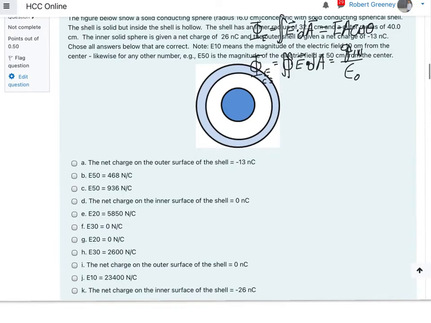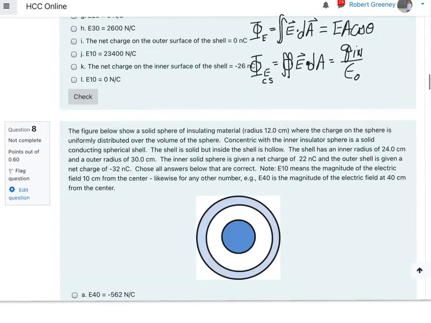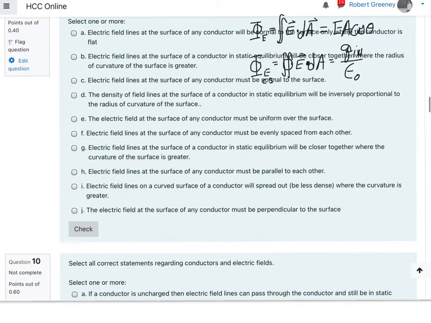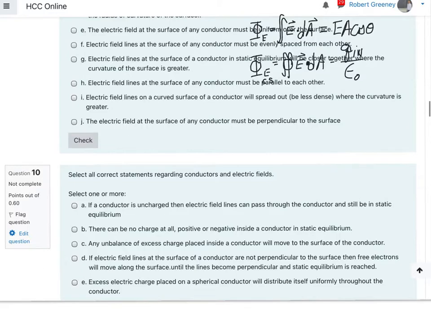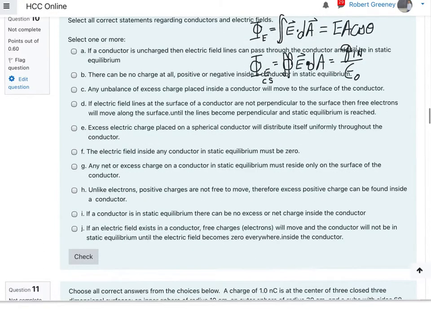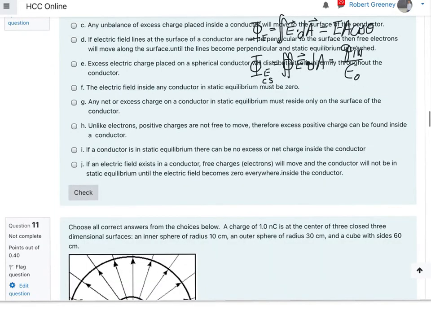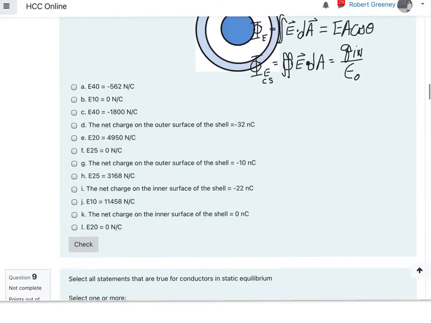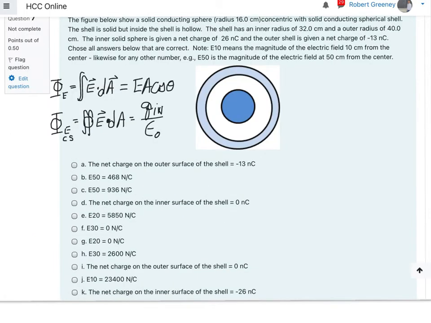So 7, 8, and 9 are all related. 10 too, I guess. Conductors in static equilibrium. So let's talk a little bit about that. There is a set of properties that you need to learn for conductors in static equilibrium.